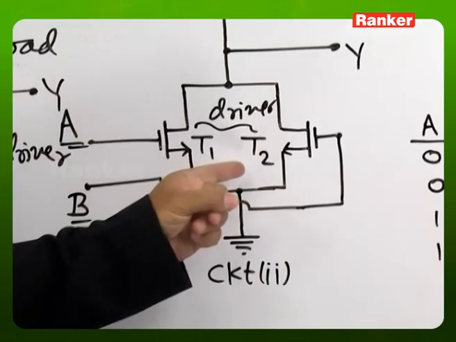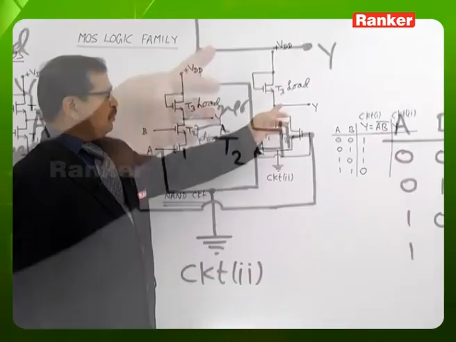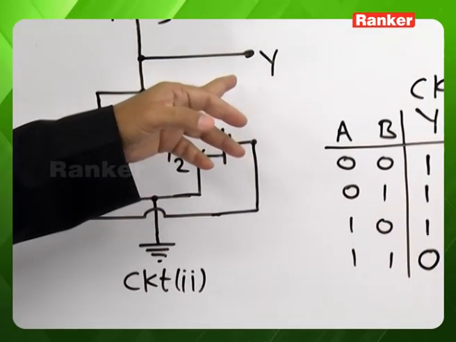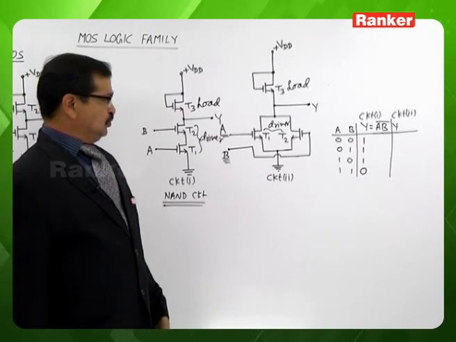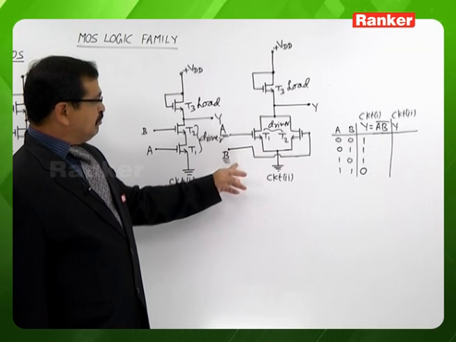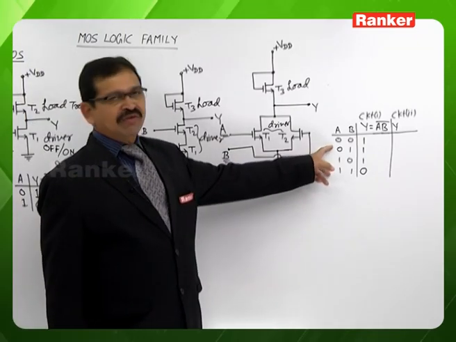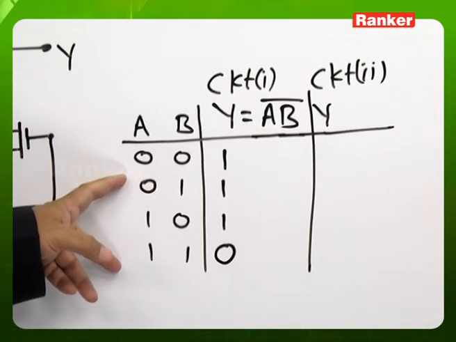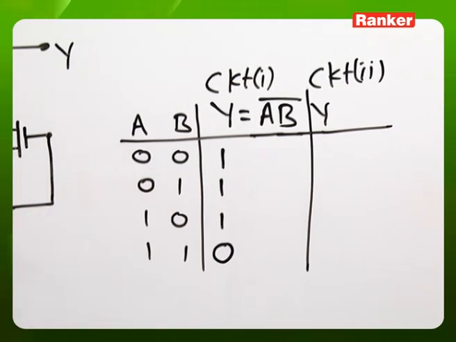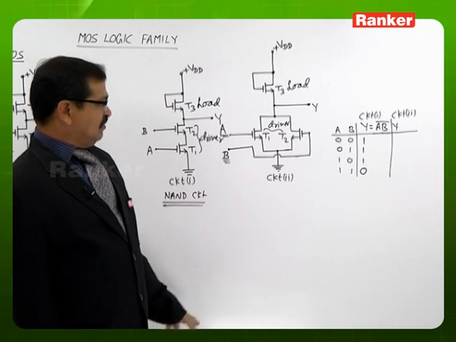As and when at least one transistor is on, output to the ground impedance becomes 0, so Y becomes 0 potential, that is logic 0. So as long as at least one of the inputs is 1, from this table, the bottom 3 rows, one of the transistors is guaranteed to be on.